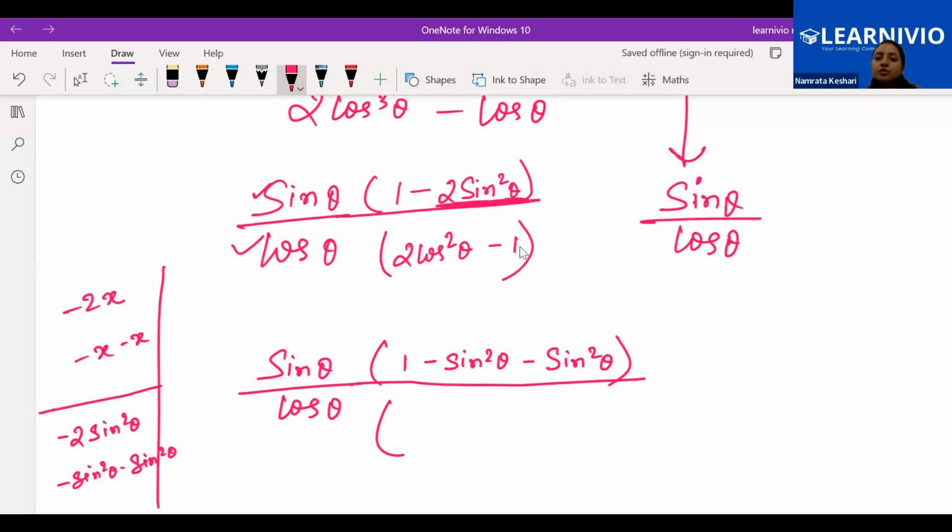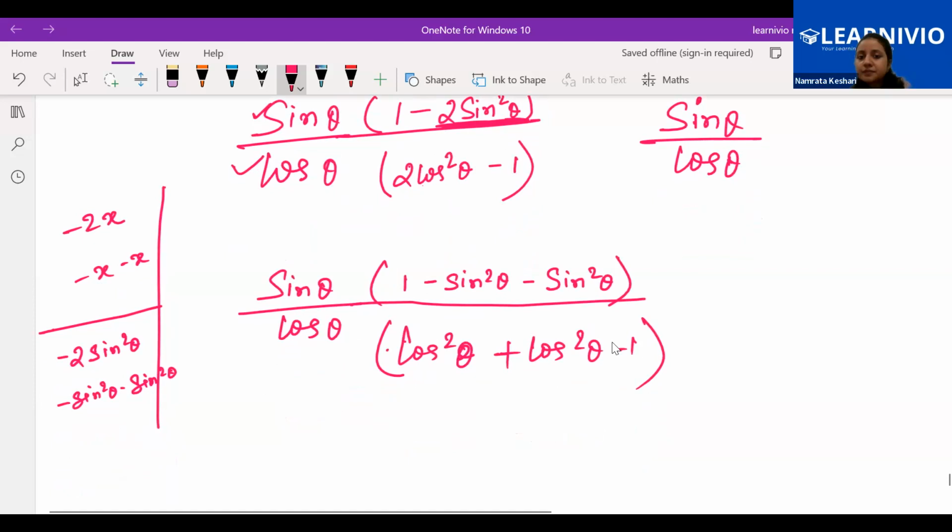Similarly, this 2 cos square theta minus 1 can be written as cos square theta plus cos square theta minus 1. Any confusion so far?